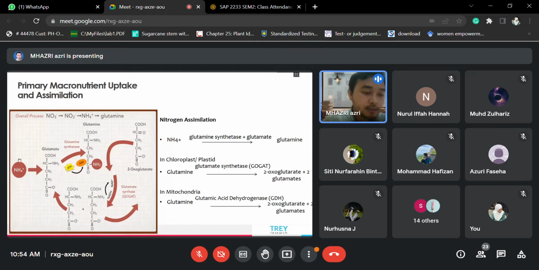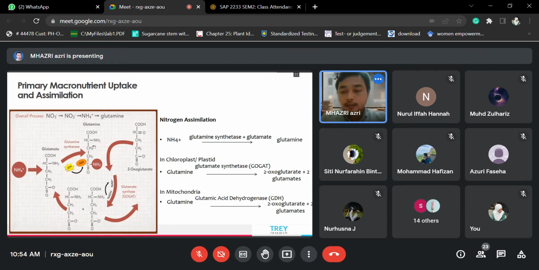So the ammonium will be incorporated into this part of glutamate. So the oxygen that initially attached to the carbon will be replaced by ammonium. Okay, and then produce glutamine. Okay, glutamine, from glutamate, contains two amine groups. This process is catalyzed by glutamine synthetase, and it requires ATP.